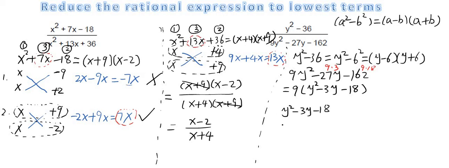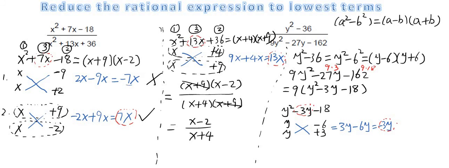We write y and y, and for negative 18 we write negative 6 and positive 3. Then we do the cross product. This boils down to 3y minus 6y equals negative 3y. That's exactly the middle term.